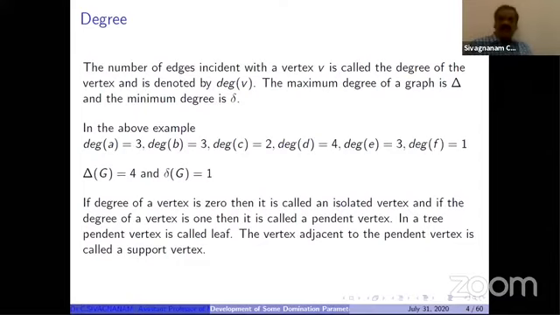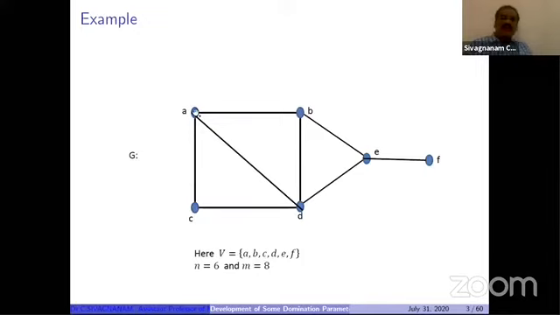In the above example, see the degree of the vertex A. How many edges are incident with this vertex? You can see 3 edges are incident with vertex A. So degree of A equals 3.